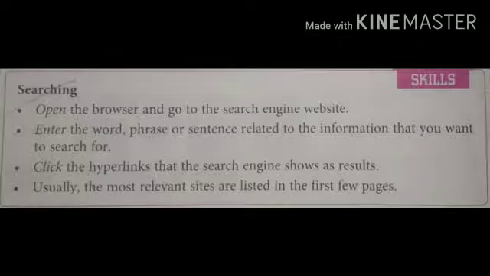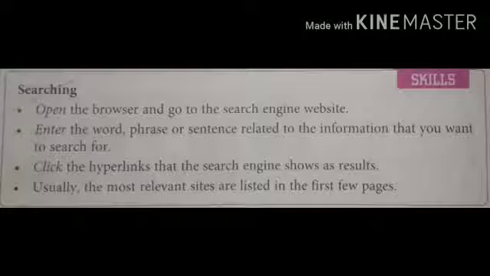Now, let's have a look at the general sequence of searching through a search engine. First of all, we should open any browser, suppose you can open Google Chrome, then go to the search engine website, suppose Google.